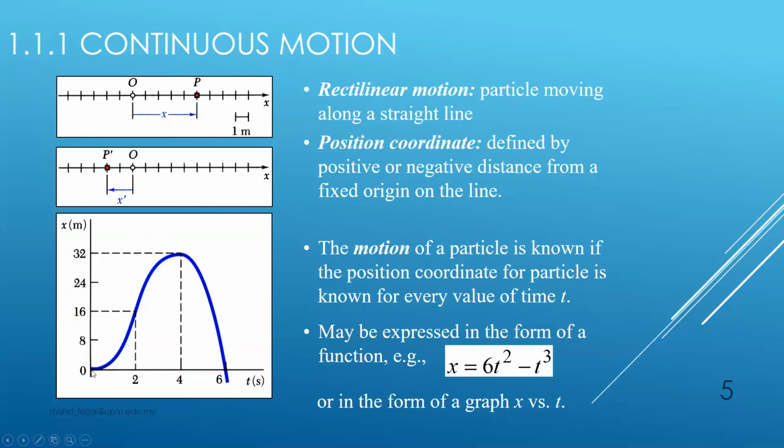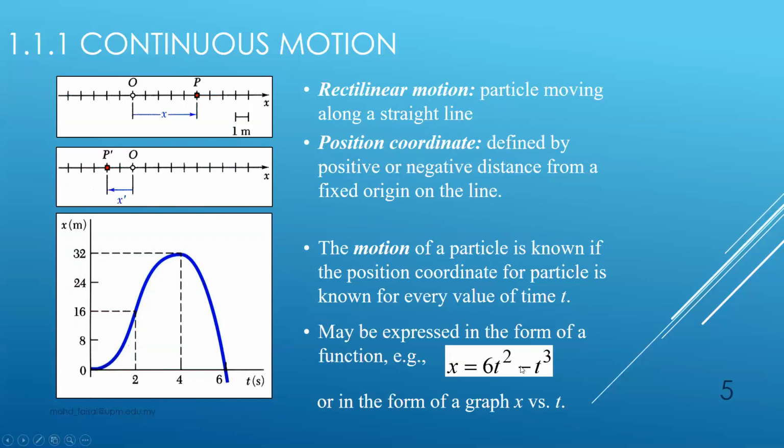When t equal to 0, you can see that the position x is equal to 0. You can easily substitute t equal to 0: the first term becomes 0, and the second term also becomes 0, and therefore x is equal to 0. Then if you put the value of t equal to 2, 2 squared becomes 4, 4 times 6 is 24, minus 2 to the power of 3, which is 8.